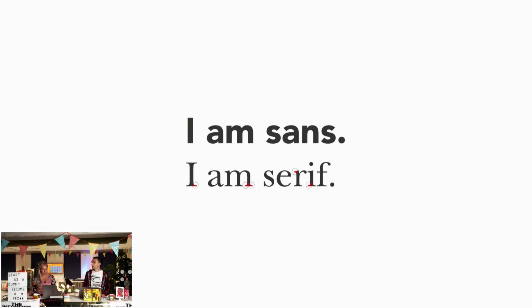Cool. Okay, fonts. The first choice you're going to make is between these two kinds of fonts. Those are the sans serif and the serif font. The sans serif is the more modern looking that you see on the top. And the serif font is the more classic looking that you see at the bottom. And what is the serif? Those are these little decorations that you see sticking out of the letters, and the sans serif doesn't have them.